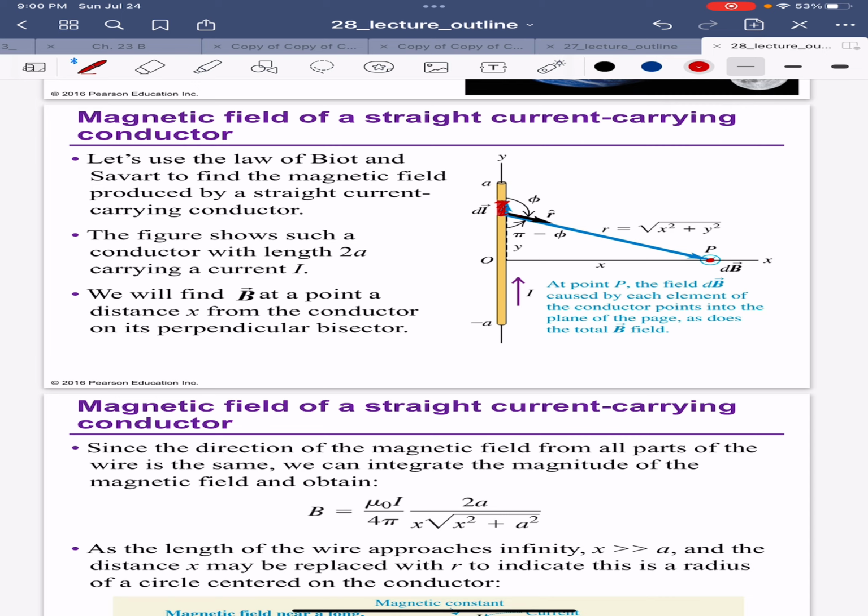And this is really showing you the magnetic field of a straight wire that is carrying a current I.